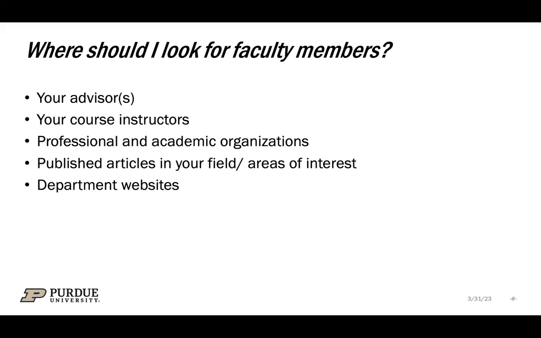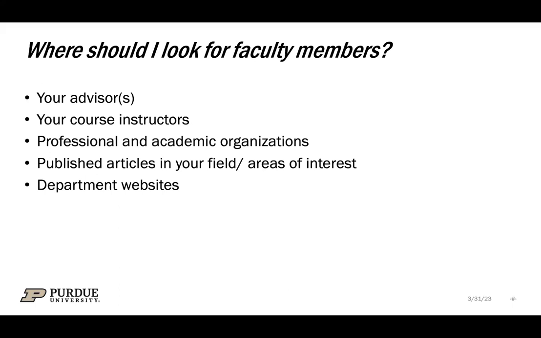I came to Purdue with a psychology background, but I came for an engineering degree. So 99% of my contacts once I got to Purdue were engineering contacts. I did want somebody on my committee that had more of the psychology background, specifically in the field that I was doing research in. So I needed to start looking outside of my bubble.